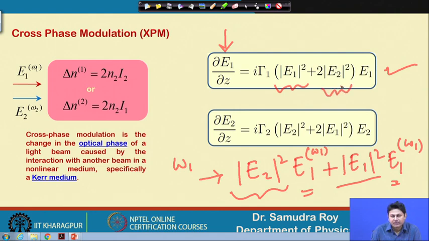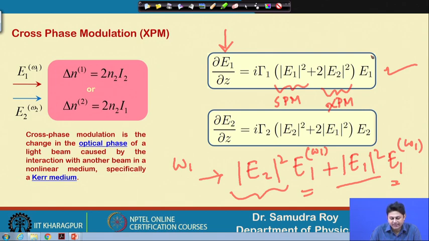The first term, mod of E1, corresponds to self phase modulation, and the next term is cross phase modulation. These two terms have the same frequency component omega 1. So, these are naturally phase matched equations.